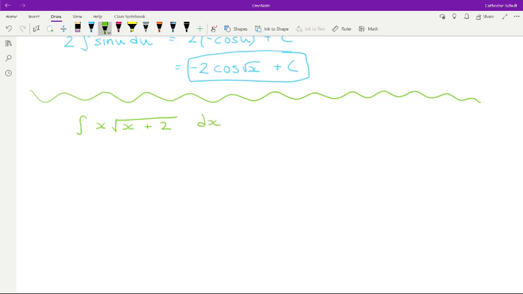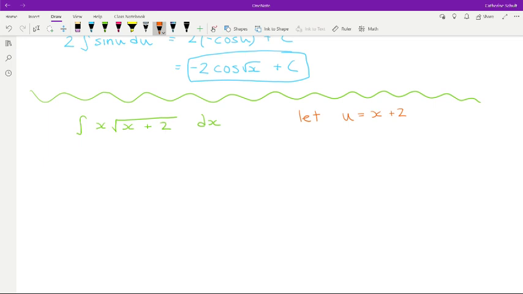We can see that we have a composition of functions, the square root of x plus 2. So let's start off with that, and we'll let u be equal to x plus 2, that inside function. And that will take care of this.